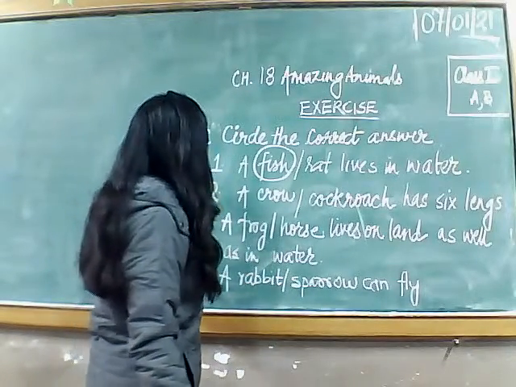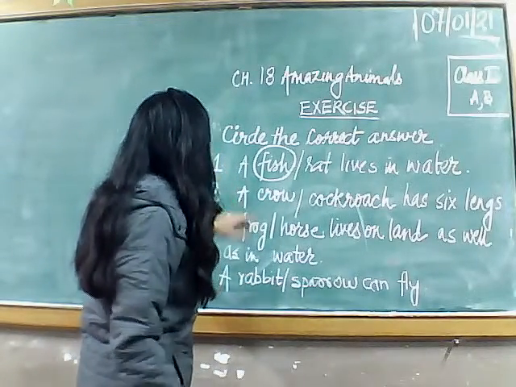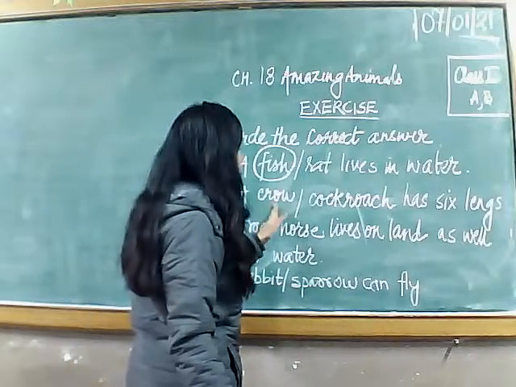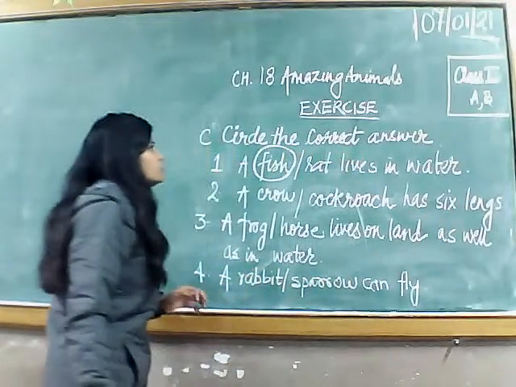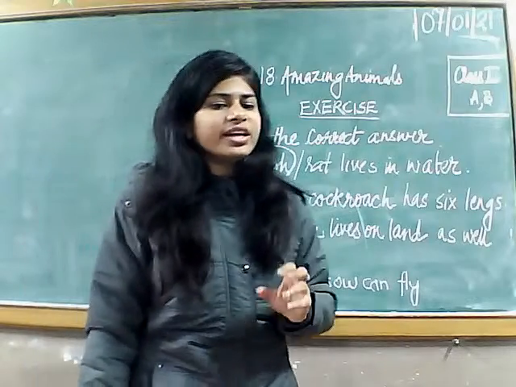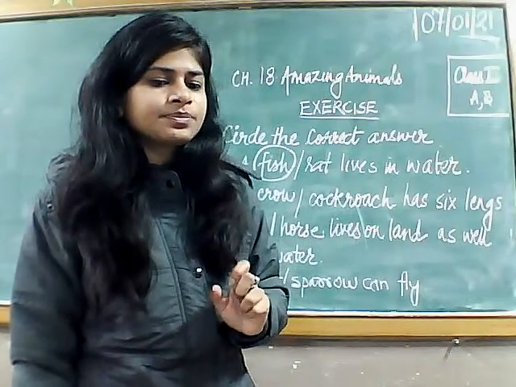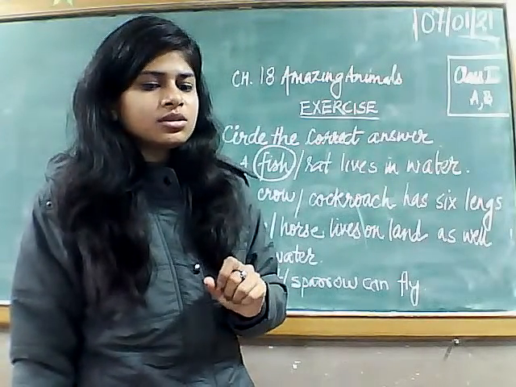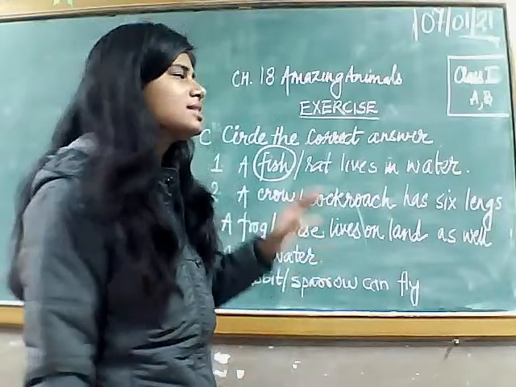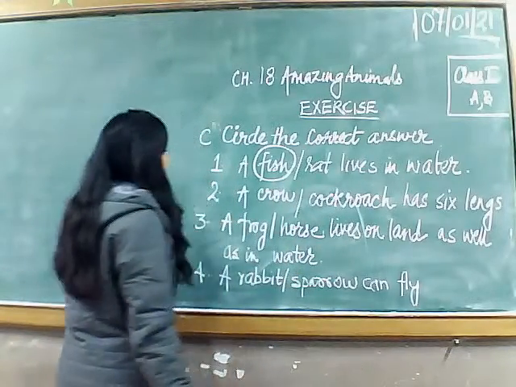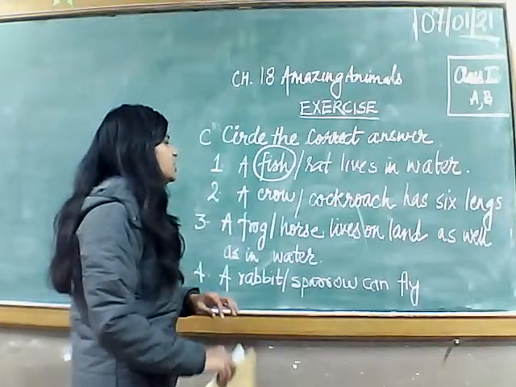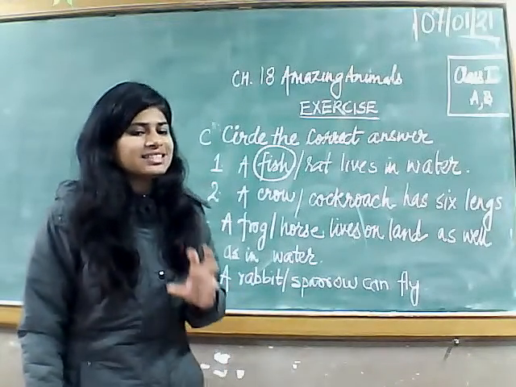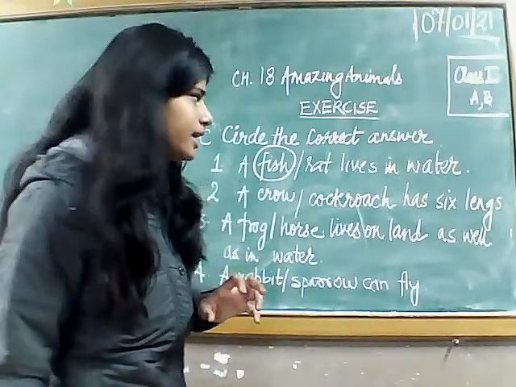Take the correct answer. So a dash, crow or cockroach, has 6 legs. Children, can you tell me which kind of animals have 6 legs? It is insects. Insects have 6 legs.